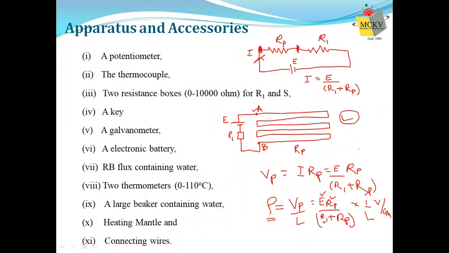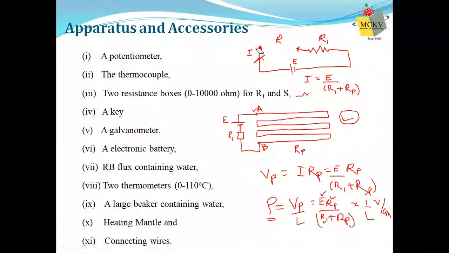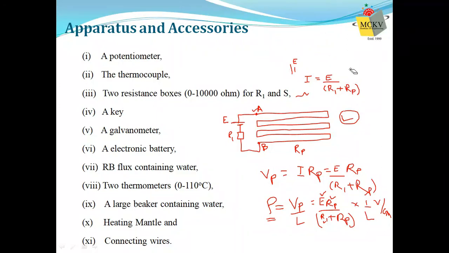Now what I want is to measure EMF across this. So first of all, I'll rub this off so that I have space. I no longer require it.